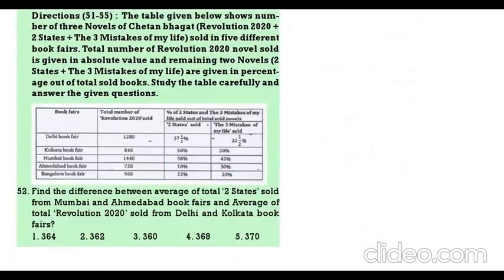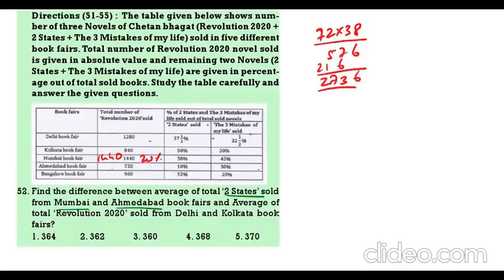Find the difference between the average of 2 States from Mumbai and Ahmedabad to the average of Revolution from Delhi, Kolkata. So this we need to calculate. 2 States from Mumbai and Ahmedabad. First Mumbai. Revolution is 1440. 38 plus 42 is 80, so this is equal to 20%. 20% is 1440. 38% is what? 20% is 1440 means 1% is 72. So 38% means 72 into 38. This is 576, this is 216.